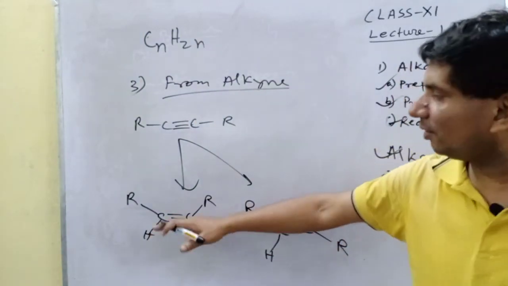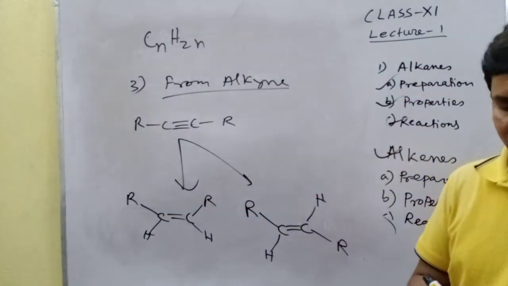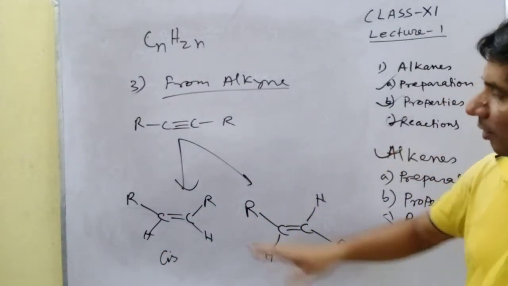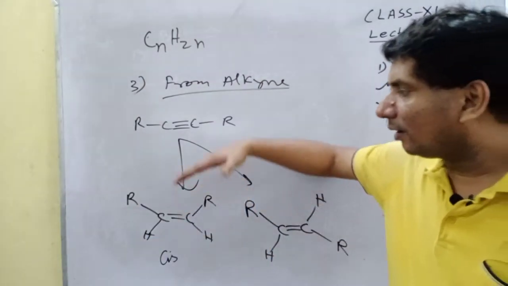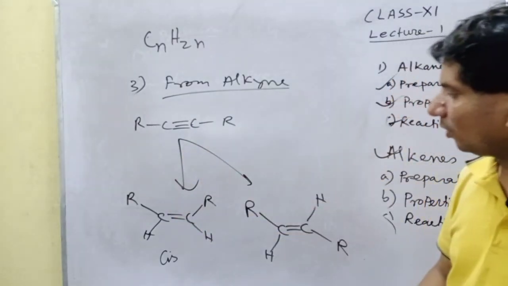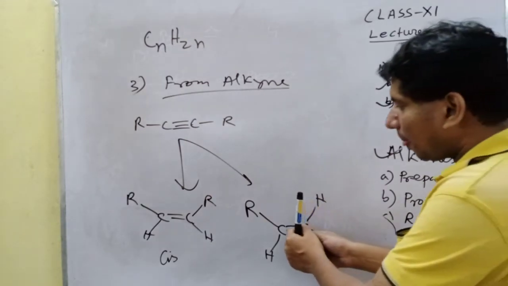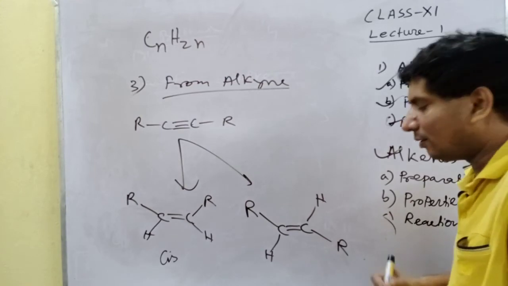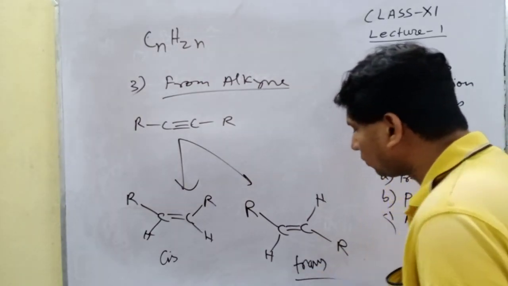If the same R group remains on the same side of the double bond, it is known as cis. The same or similar group, if it remains on the opposite side of the double bond, is known as trans compound.